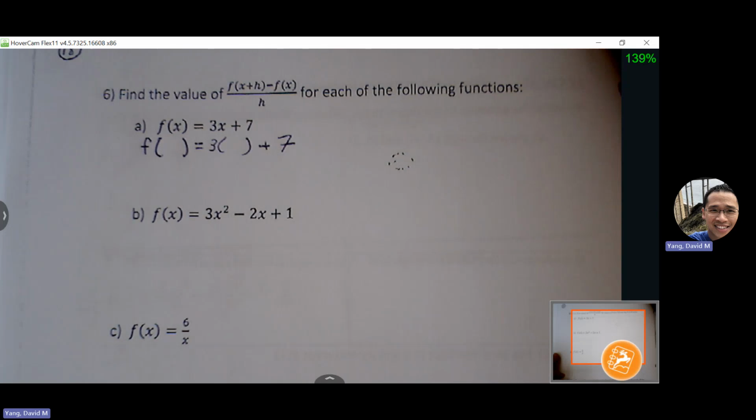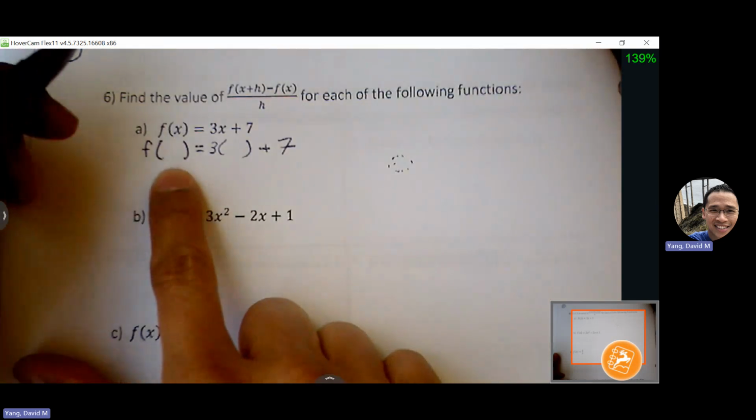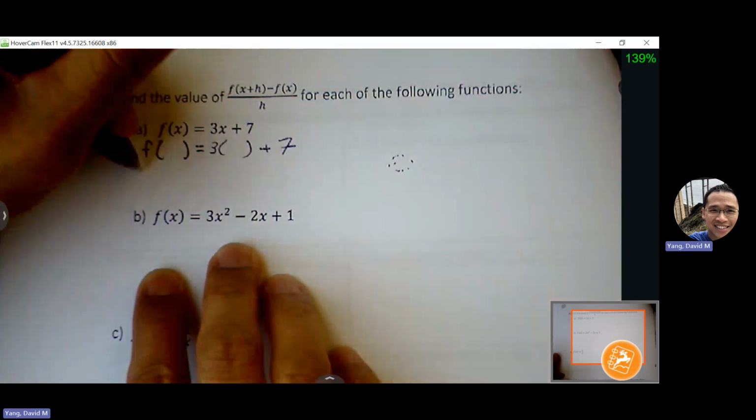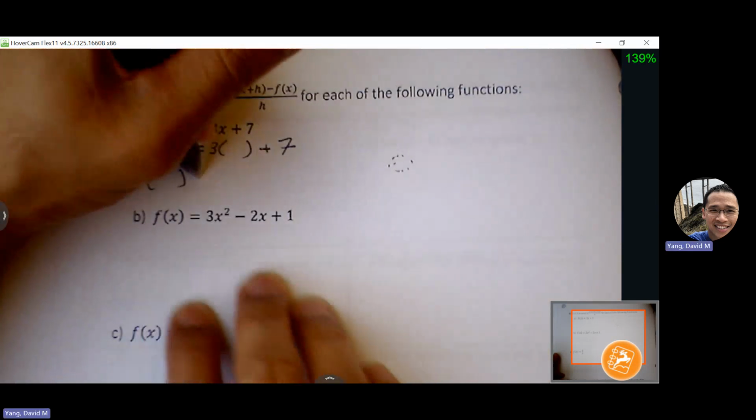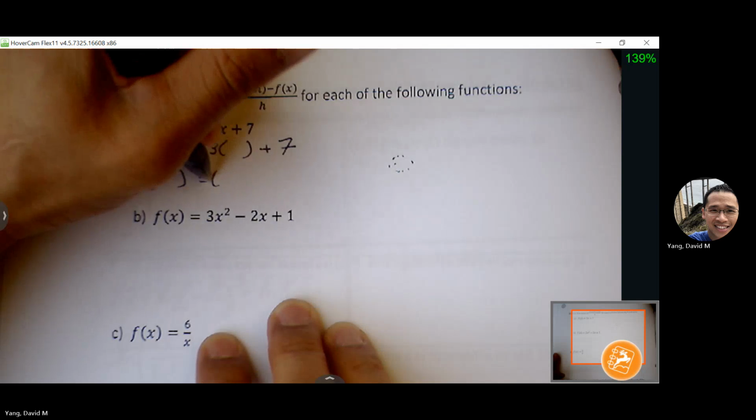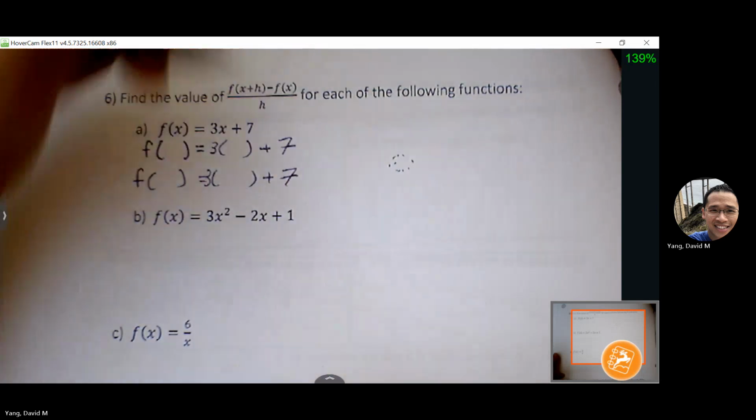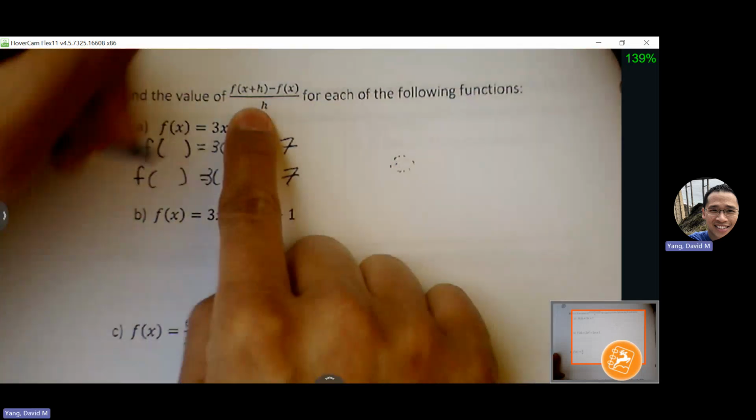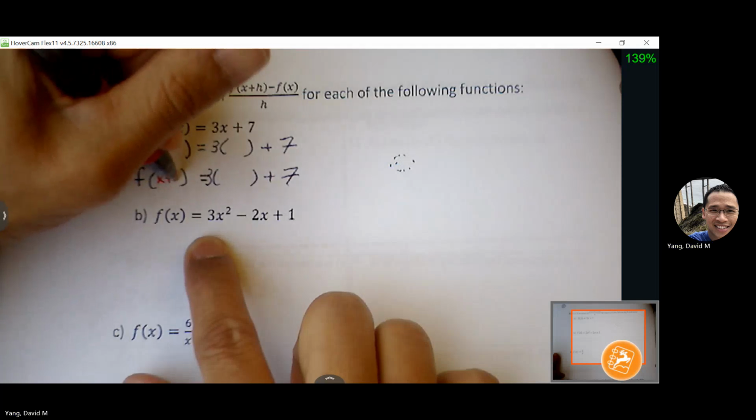So now I've removed all the x's, and in place of it, I've put a reserved spot for any argument that I want to do besides x. So now, if I want to find f of x plus h, I'm just going to replace those empty spots with x plus h.